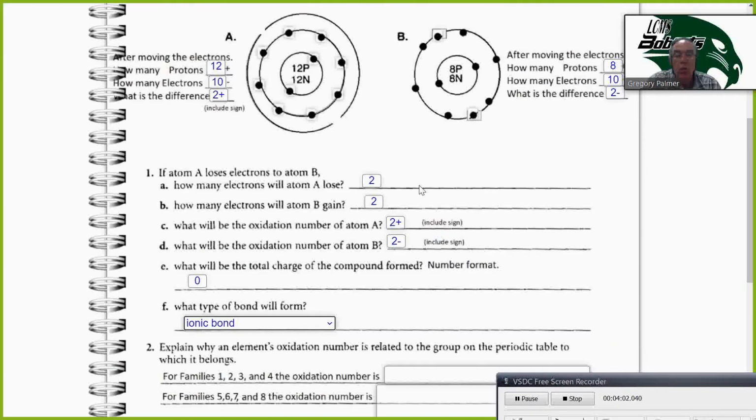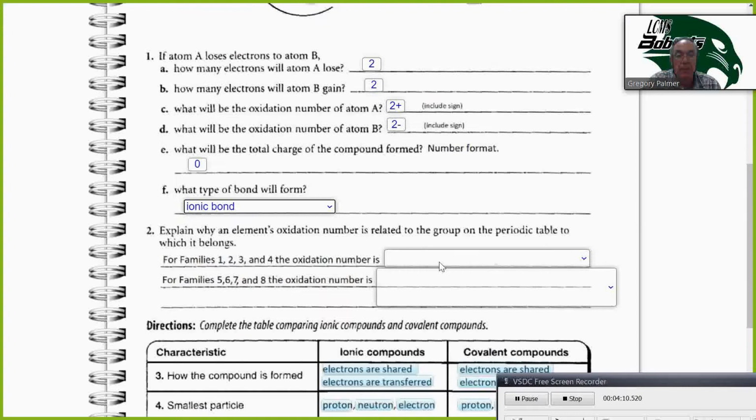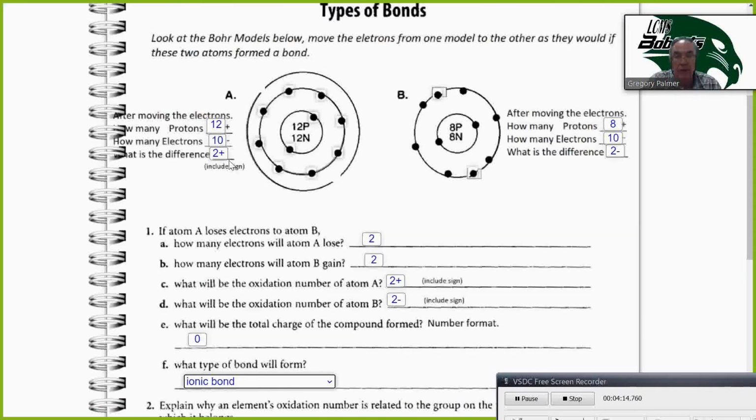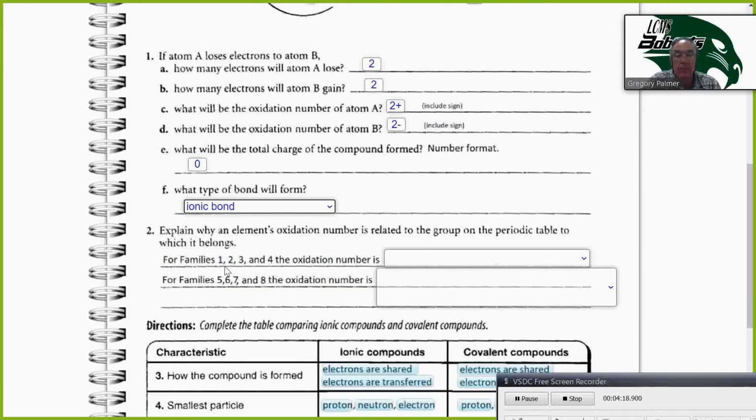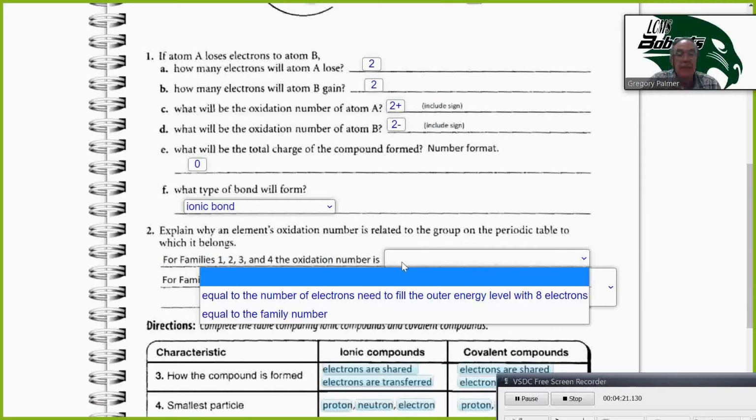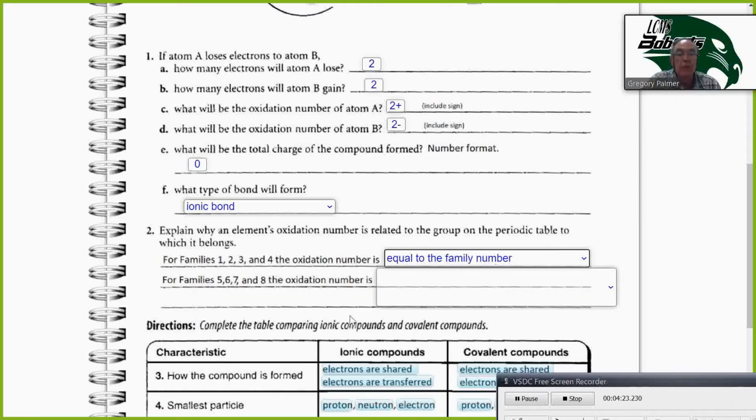And then it says, for families 1, 2, and 3, how does their oxidation number relate to their group on the periodic table? Well, this is family 2, and it's the same as the oxidation number. So for families 1, 2, and 3, the oxidation number is equal to the family number.